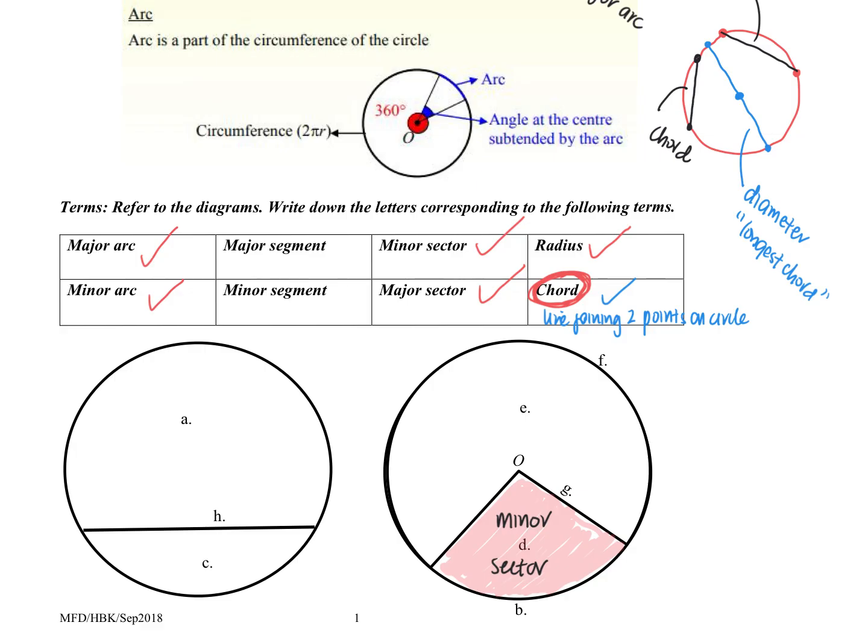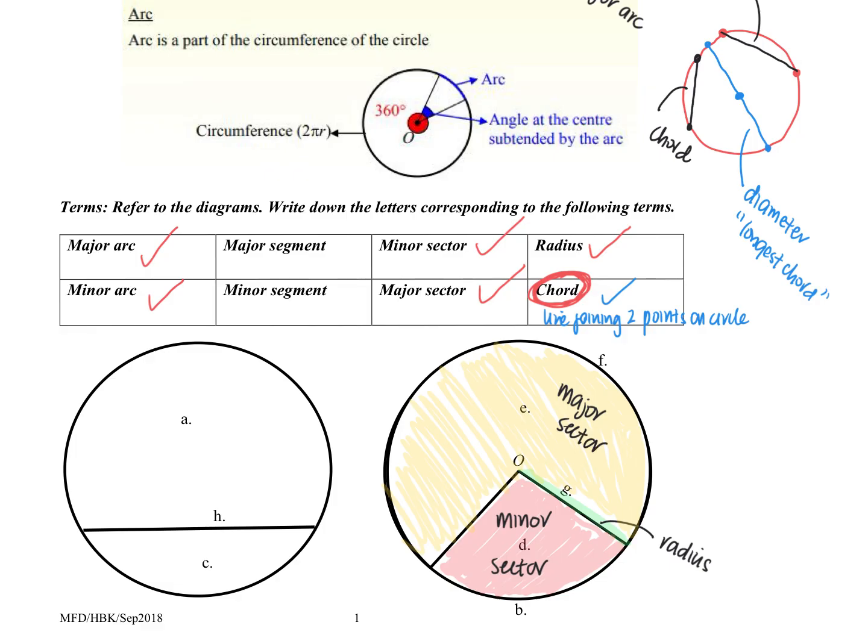A line joining 2 points on a circle. What about G? Radius. What is E? Major sector. So this is major sector.